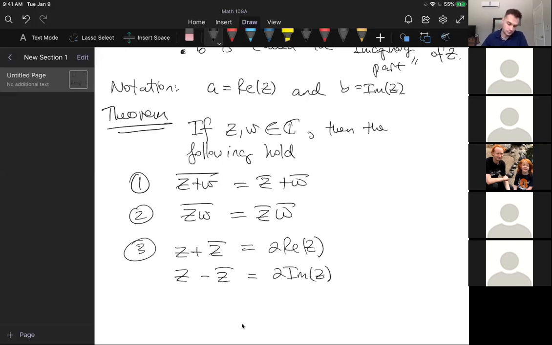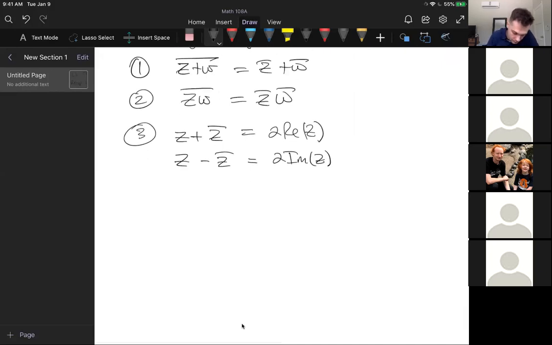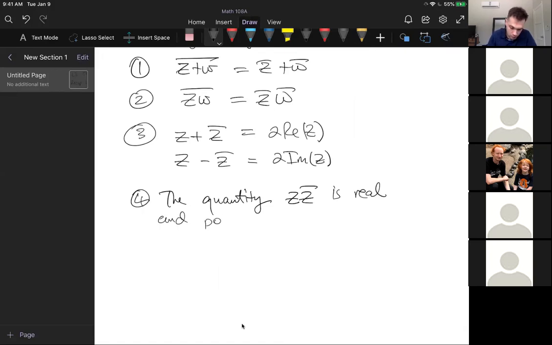And then the last one is the quantity z times z bar is real and positive, except when z equals 0.